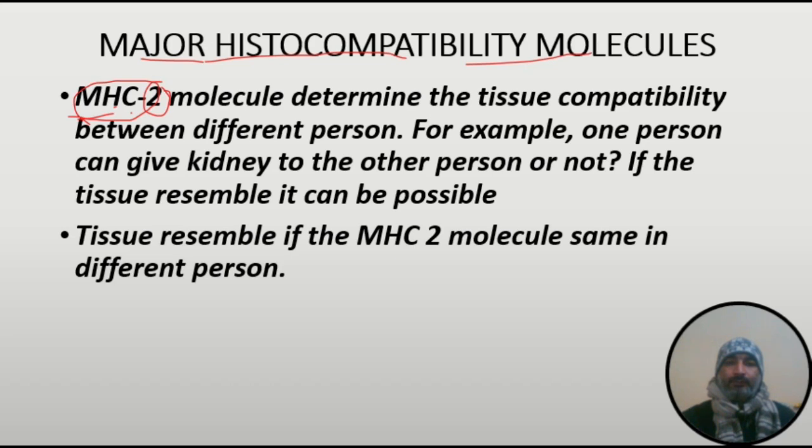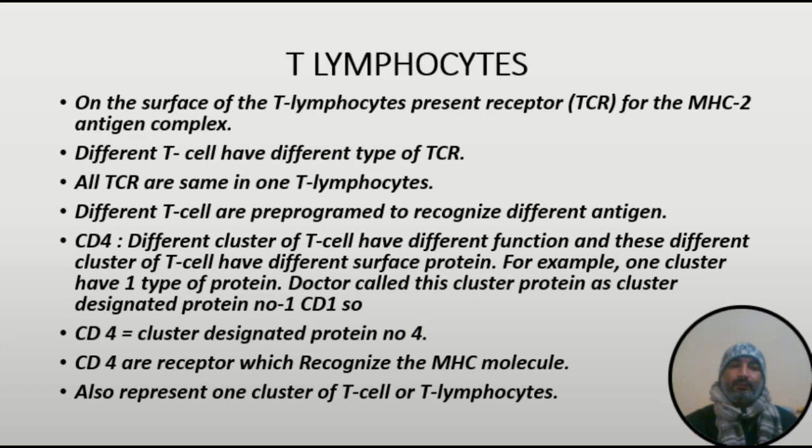So MHC2 molecules determine the tissue compatibility between different persons. For example, whether one person can give a kidney to another or not is decided by whether the tissue resembles or not. So how do we know that the tissue resembles or not? We see the MHC class 2 molecules. So tissue resembles if the MHC2 molecules are the same in different persons. So they can give tissue.